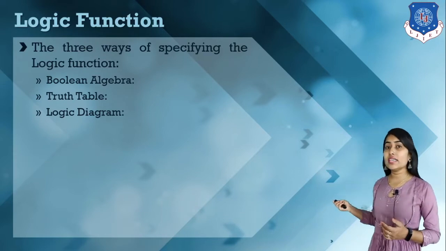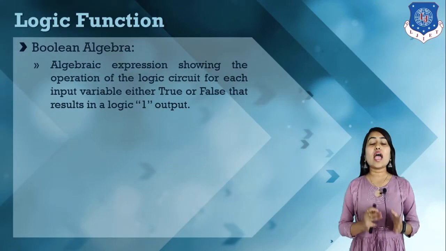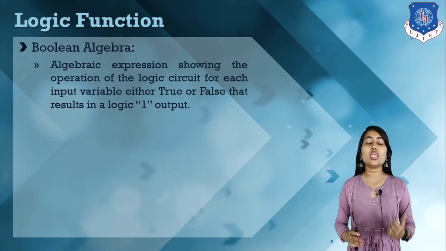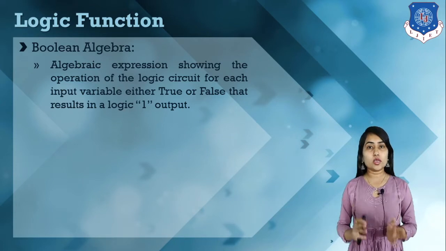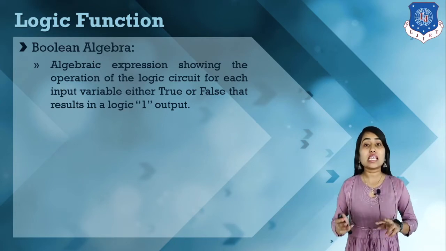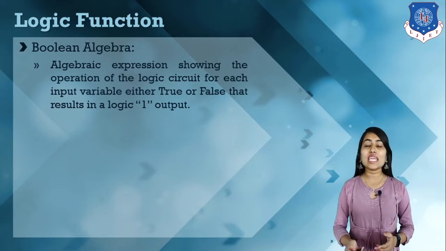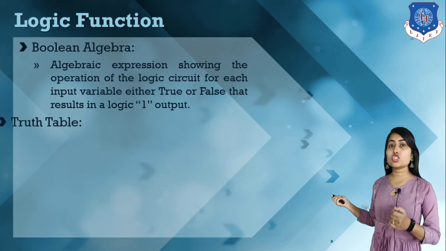What is Boolean algebra? Boolean algebra means an algebraic expression which shows the relationship between input and output conditions. To represent the input-output relationship using an algebraic expression, we can use Boolean algebra. Then we have the truth table.